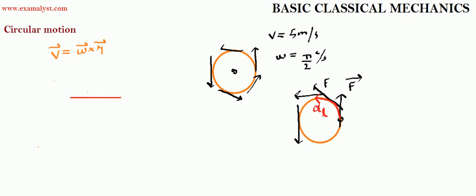If you have an object here, and you apply a particular force F on the object, the object moves with an acceleration A. Similarly, here we have an object on a circular path, and we apply our force in such a way that the object is always kept on that circular path, and now the object is moving on the circular path with an acceleration AL. So AL is called the linear acceleration. This is the same as the acceleration that we see in one-dimensional motion.